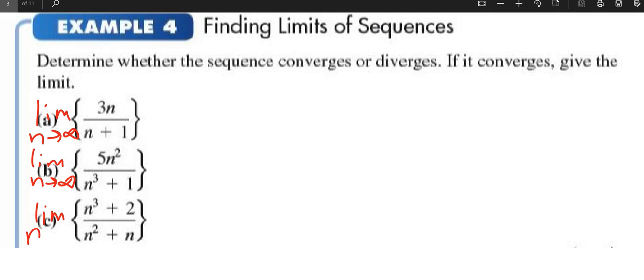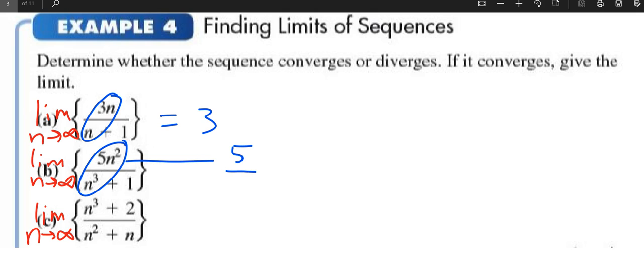Okay, and we talked about how we would do this. Largest power of n in the top and the bottom. What does it give you? If it reduces to a nice number, which it would reduce to 3. What about this one right here? That reduces to 5 over n because you can cancel out n squared from the top and the bottom.